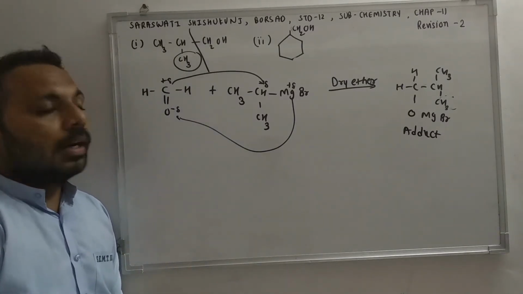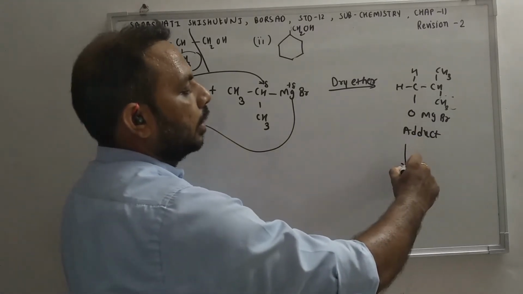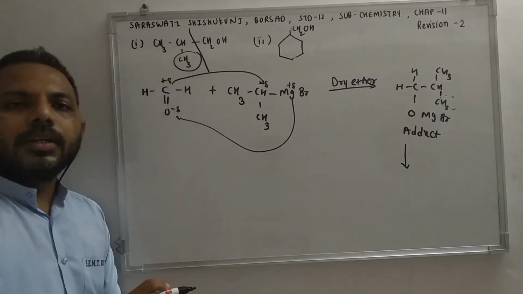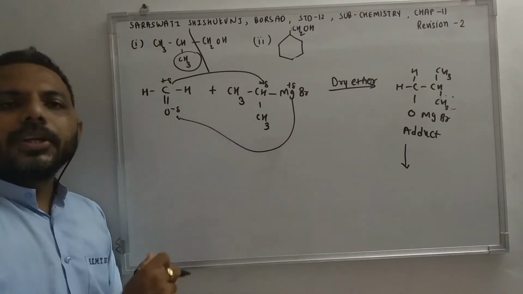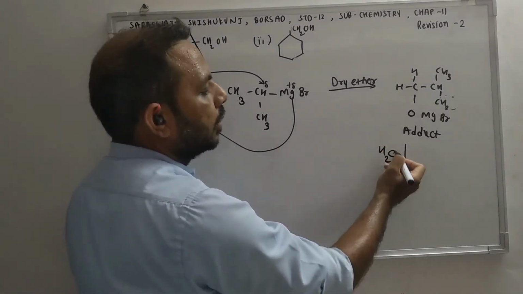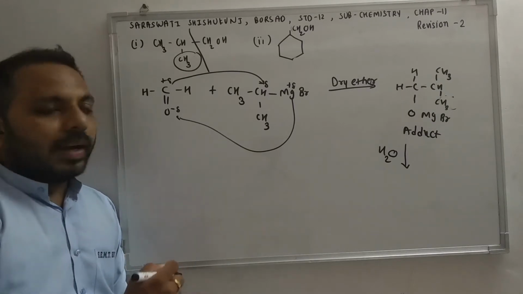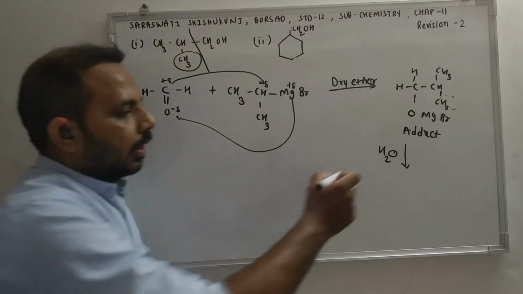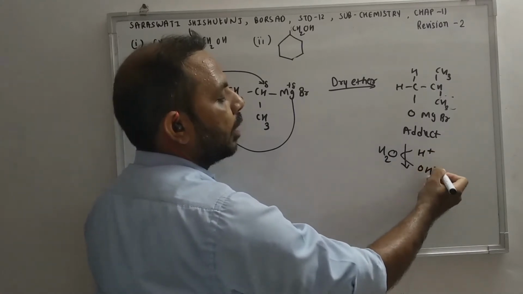After this step, we always write hydrolysis. After the attack of the Grignard reagent on the particular reagent, the last step is hydrolysis, which is done with the help of H2O. Whenever H2O reacts, it is decomposed into H plus and OH minus.